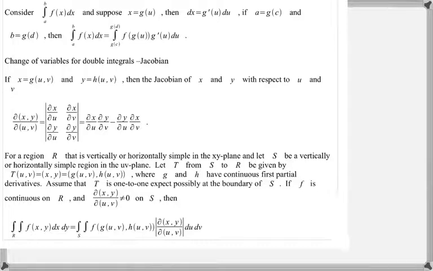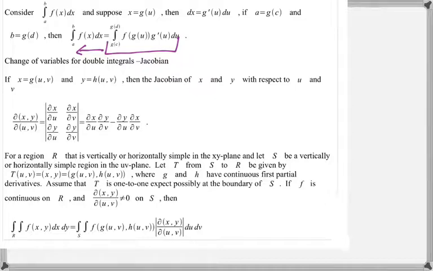So let's look at change of variables for double integrals. We actually kind of started in this direction and worked our way backwards. All right, so let's look at our change of variables for double integrals, the Jacobian.